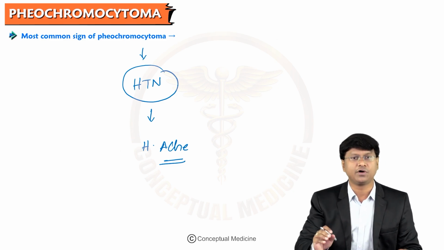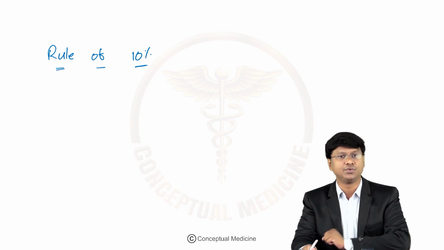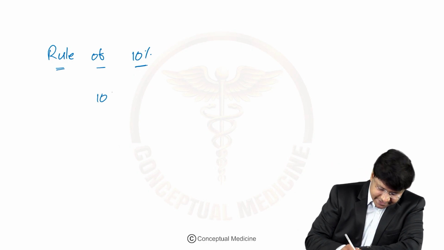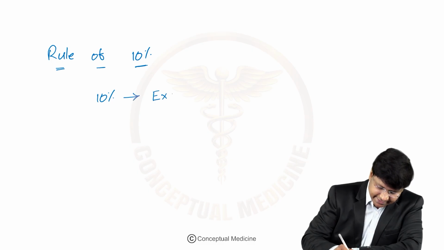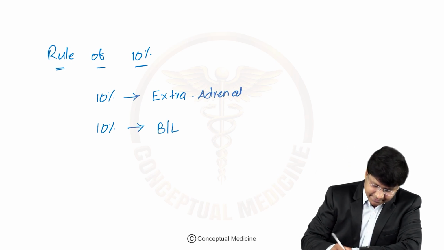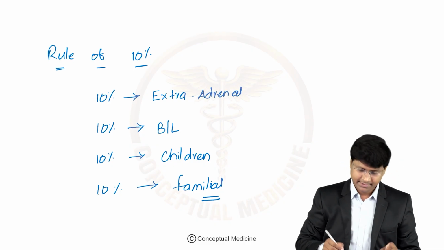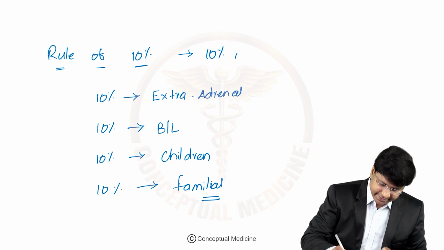Now, you should know a rule of 10 in pheochromocytoma. This rule of 10 is not being followed nowadays, but for academic interest, let me tell you what it is. 10% of these tumors are extra-adrenal. 10% of the tumors are present bilaterally. 10% are seen in children, 10% are familial, and 10% are malignant.